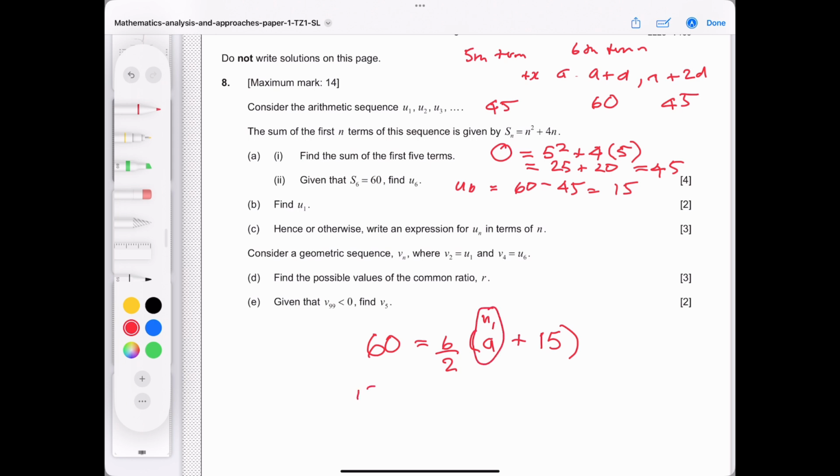So we'll make that 120, divide that by 6, and that equals 20, which equals A plus 15, so A equals 5.